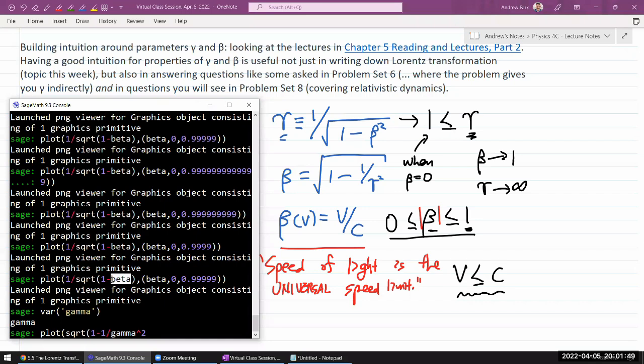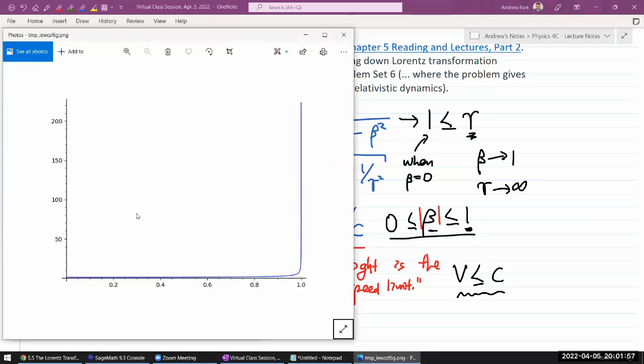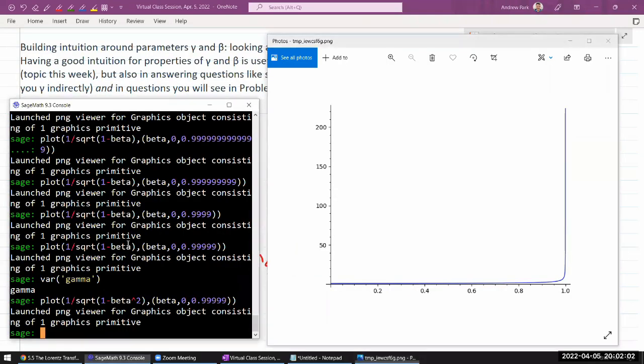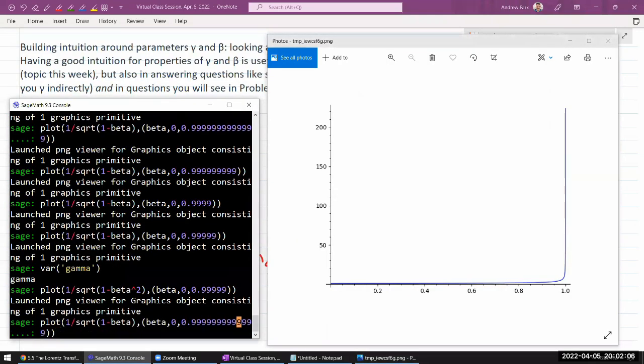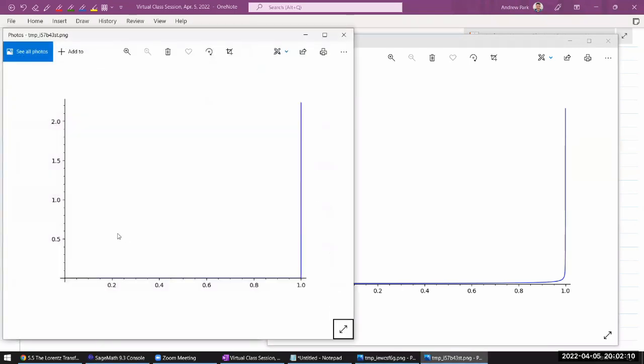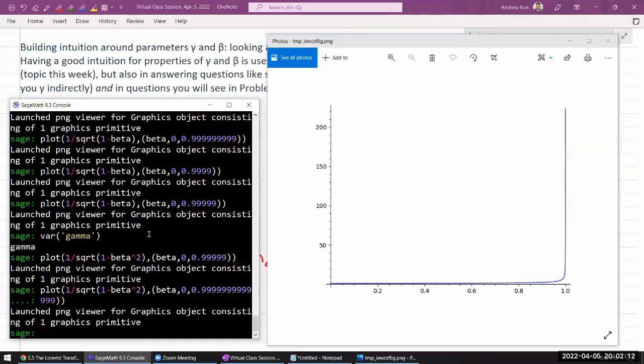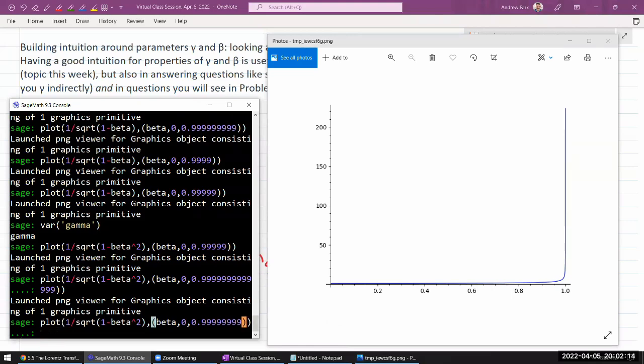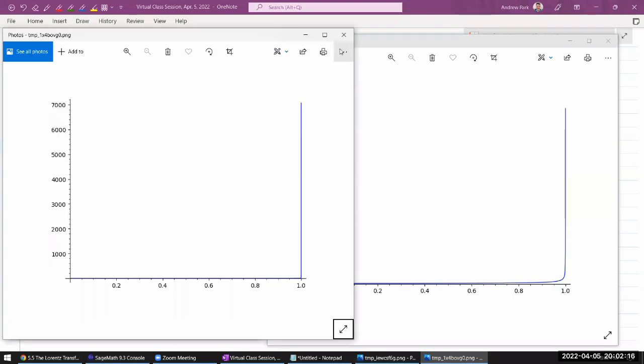When I was plotting gamma, this should have been squared. I think it makes it slightly better behaved, though not that much better.